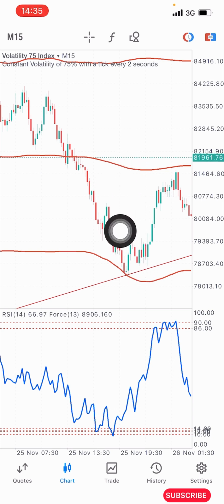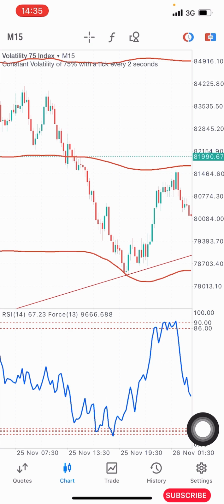Whichever one price gets to, and you have confirmed on the indicator window that yes, this is a strong support or a strong resistance zone, then you can use a candlestick pattern to take your entry in that direction.